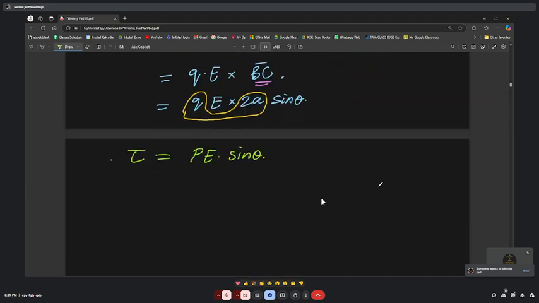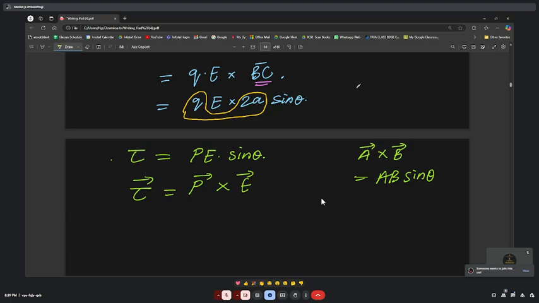Alright. So now we can express torque in vector form also. I hope you know that A bar cross B bar is equal to AB sine theta. Using the same logic, PE sine theta can be written as P bar cross E bar. So your torque tau bar is equal to P bar cross E bar.